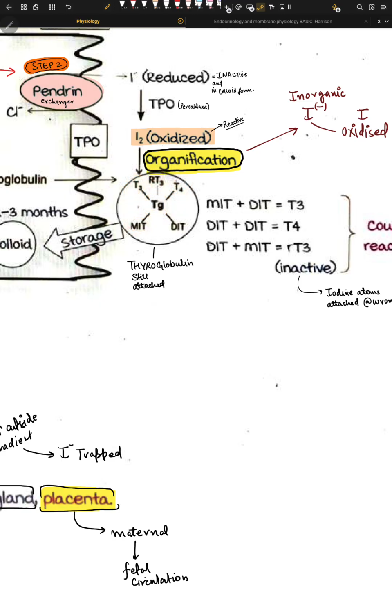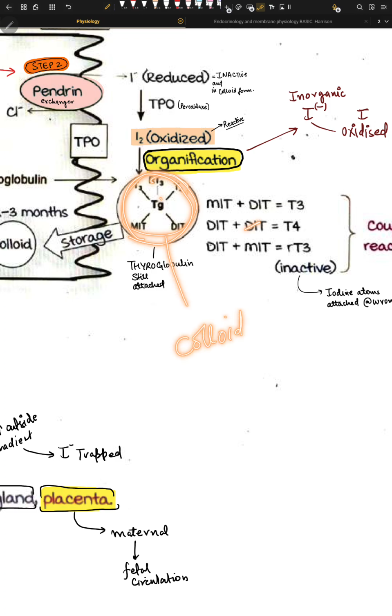What is this MIT? You must be thinking where this MIT is coming from, because we already use this, but we don't use all of MIT. We don't use all of DIT. These are MIT residues. These are DIT residues. So thyroglobulin is still attached to all five things. And this whole thing is called a colloid.